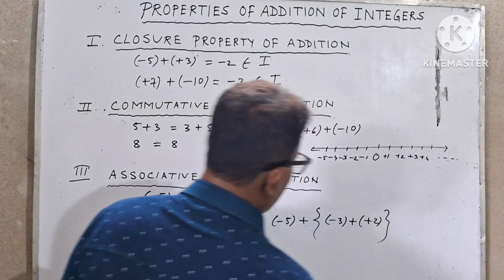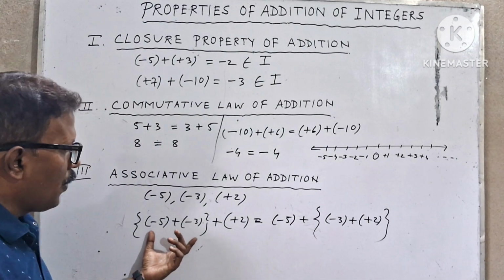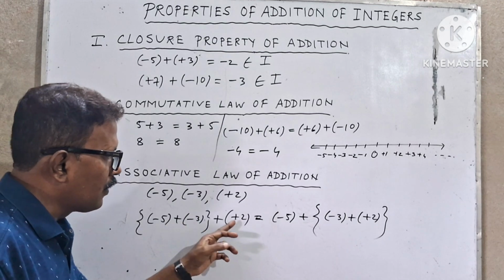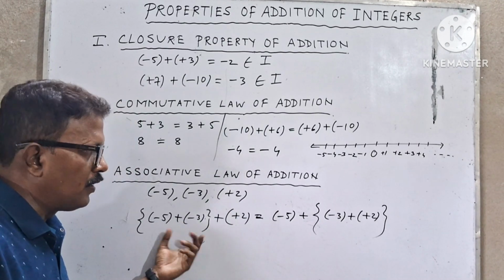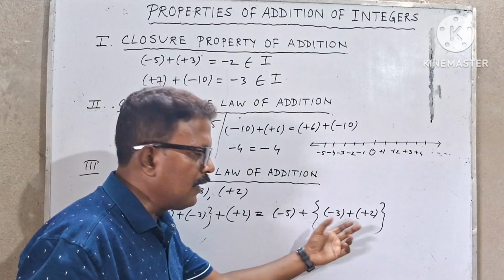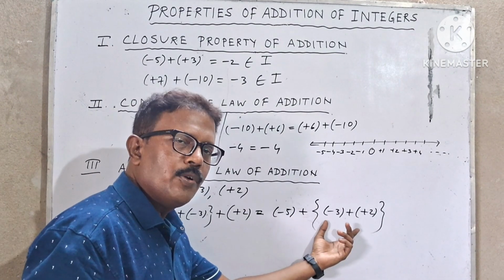That is, first we find the sum of the first two numbers, and then the third one is added to the result. And here we add the last two numbers, and then the first one is added to the result.